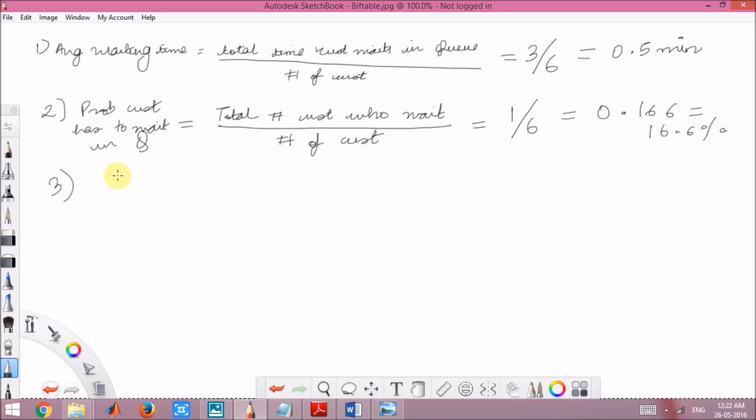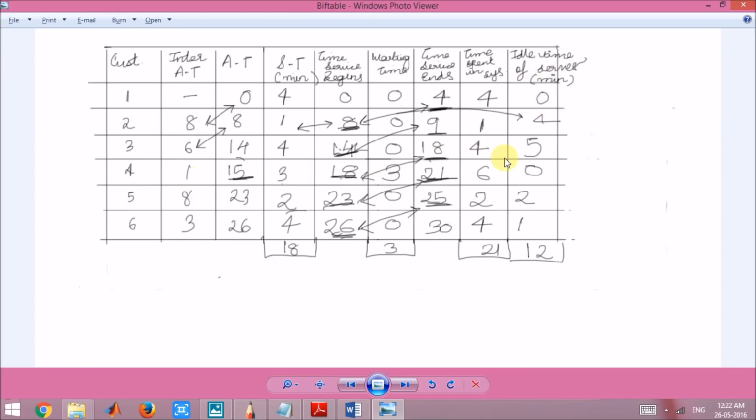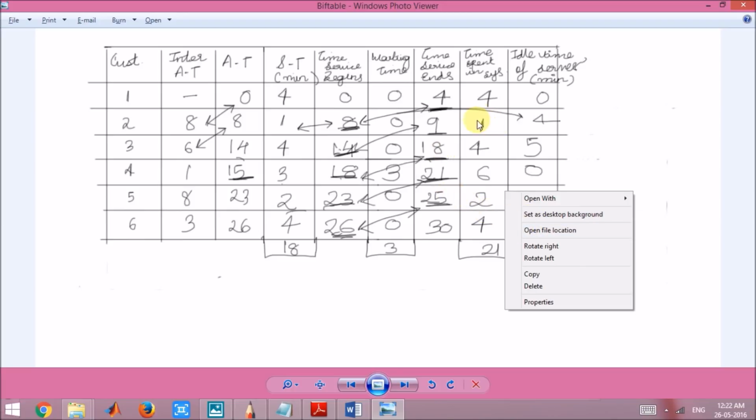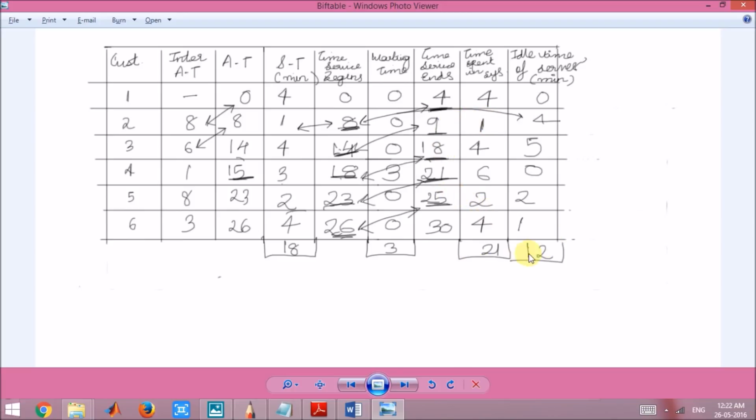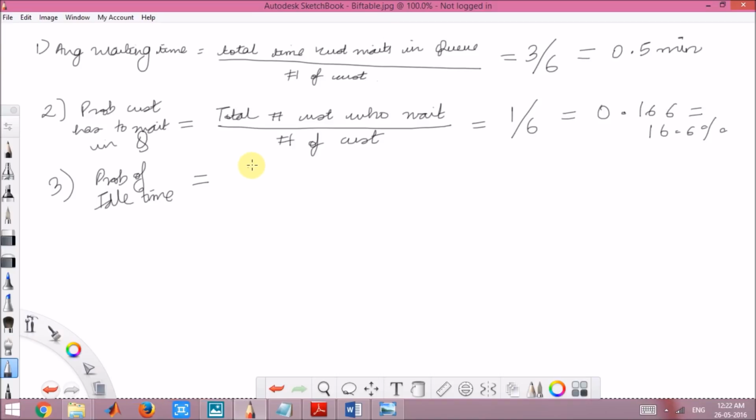The third thing that we have to calculate is the probability of idle time of the server. So idle time, the time the server was idle, is given by the total idle time of the server, which is 12, divided by the total run time of the entire simulation.